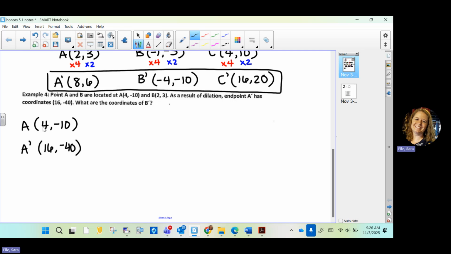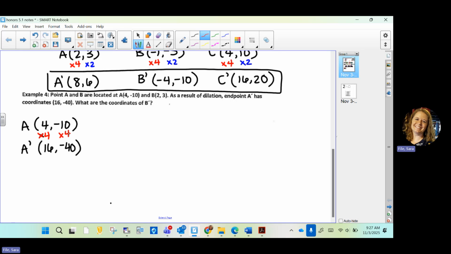So you could simply, a lot of you see it without having to think of it this way, but what you're doing going backward is dividing to figure out that scale factor. So you take your new image divided by the pre-image and get that scale factor, which I think almost everybody here can see that that's a 4. So our scale factor is 4 for both the X and the Y, right? It's the same for both.